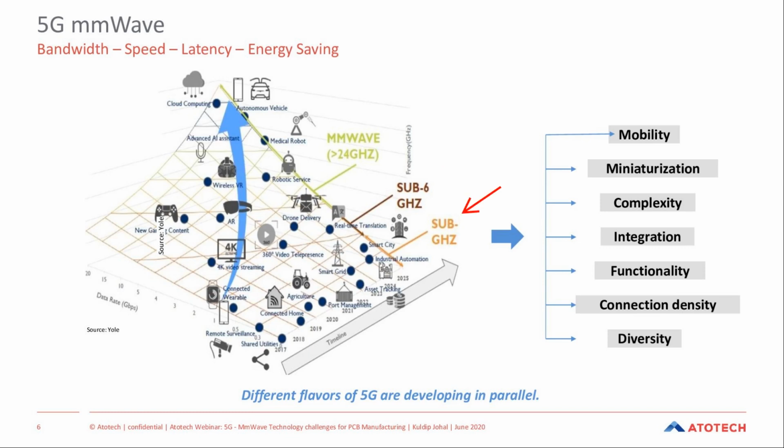We have what we would call the sub 1 gigahertz, which is traditionally going to be used for what we would say IoT and industrial applications. We then move on to the next band, which is the sub 6 gigahertz. And the sub 6 gigahertz is today already being used.